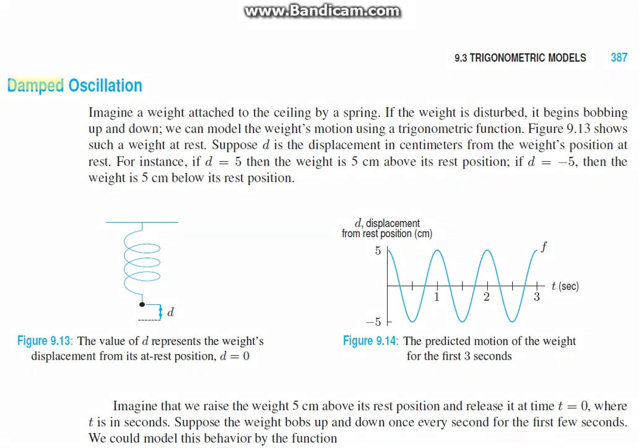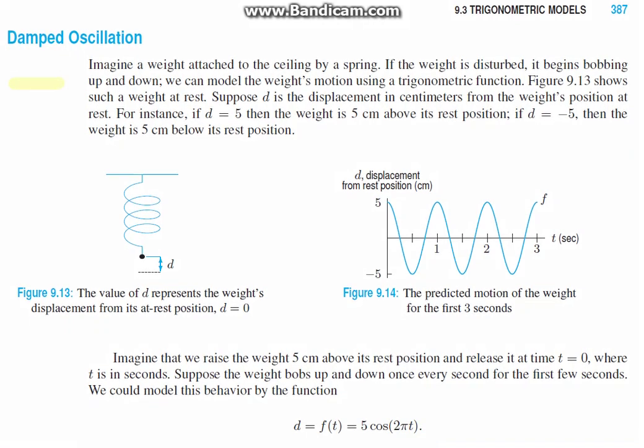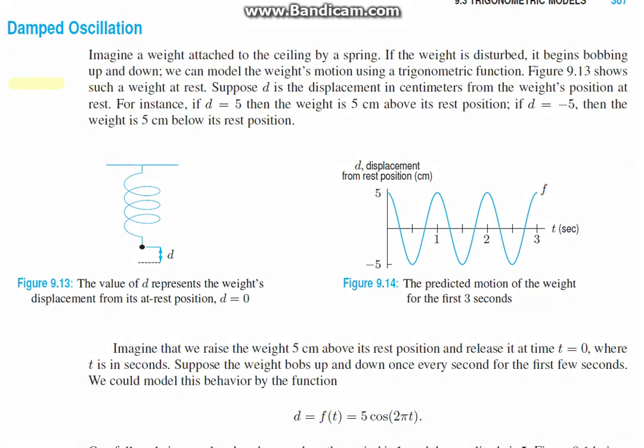So what is damped oscillation? Well, if we take a look at an example down here, we can see that first of all d is going to equal the value that represents the wave's displacement from its rest position. And if we put this into a graph, it's pretty much going to look like this. It's going to be different whether you use sine or cosine.